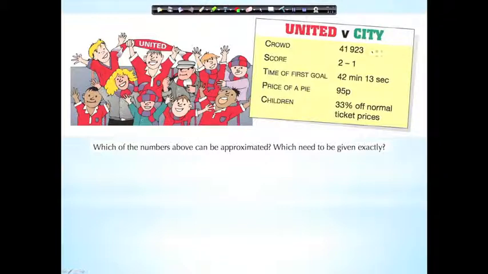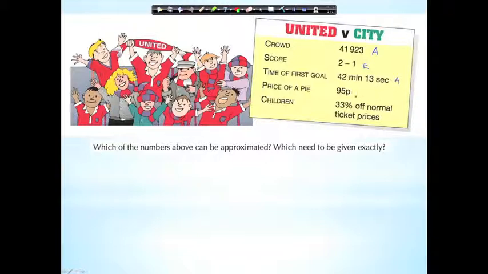If you think of a newspaper article, they will most likely say there were over 41,000 people in the crowd. Okay, so this one is going to be approximated. The score 2 to 1, that's going to be exact. Time of the first goal, if you were talking to your friend, you'd probably say that the first goal was at around about 40 minutes, so this one can be approximated.